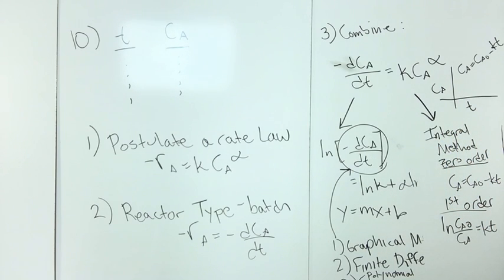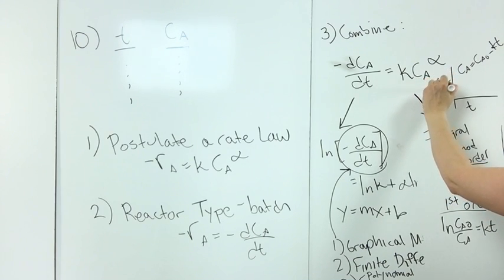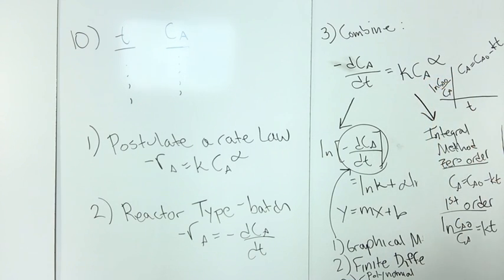The same thing for this one: you would plot the natural log of Ca naught over Ca versus t. If you do that, you should also get a straight line, because natural log Ca naught over Ca is equal to Kt.